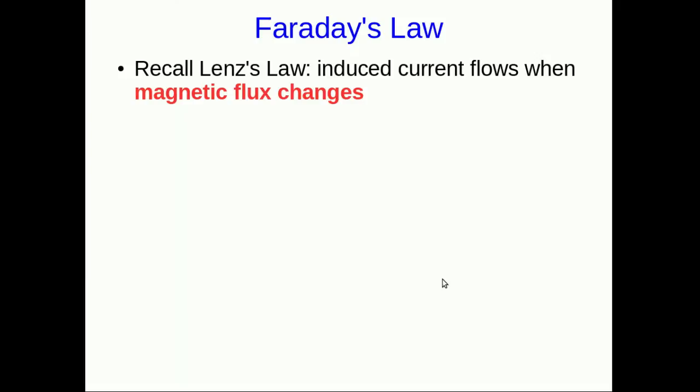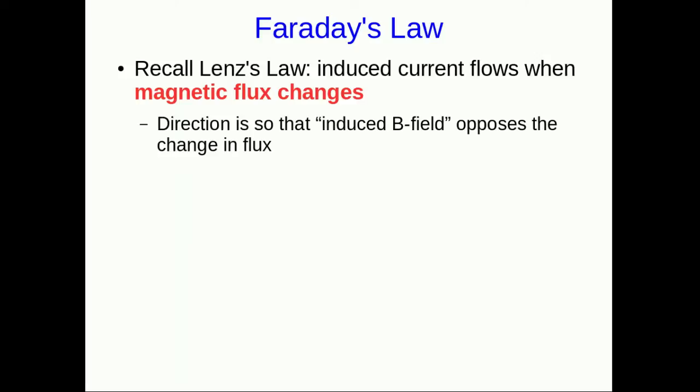The idea that there's an EMF in the coil is what's going to allow us to understand Faraday's law, because it's all about this EMF. So remember Lenz's law. An induced current flows whenever the magnetic flux through the coil changes. And Lenz's law tells us which way.